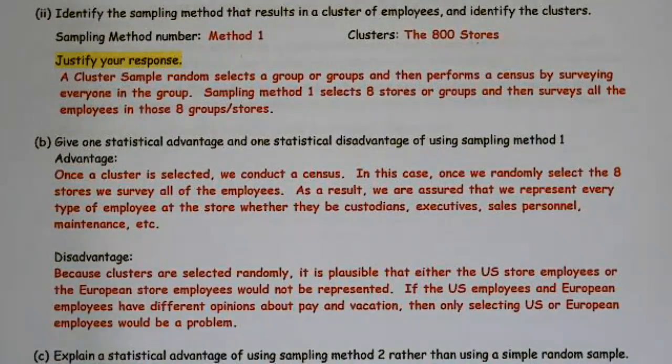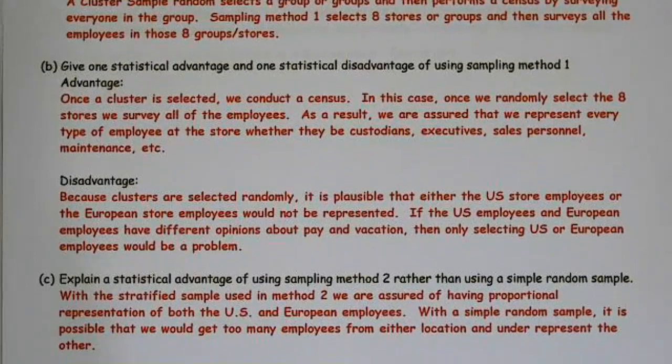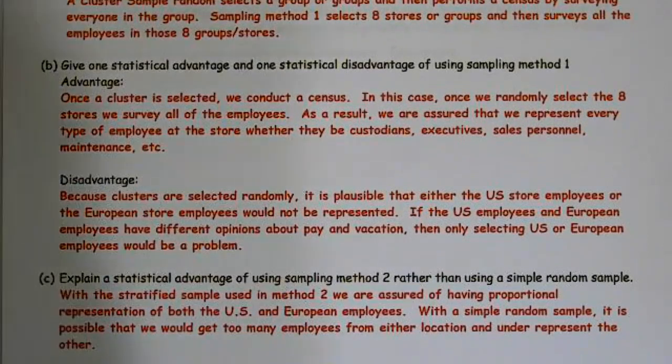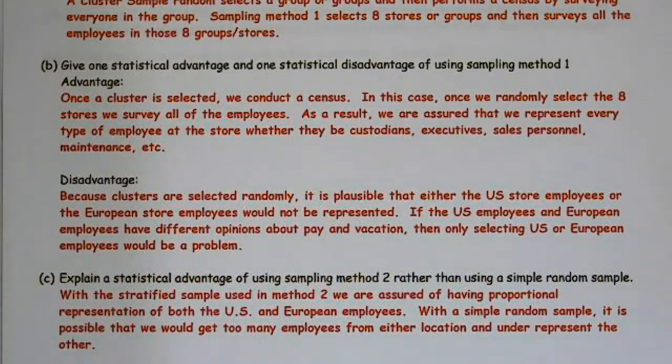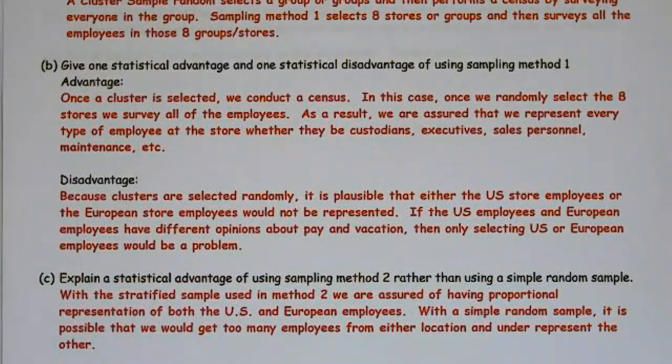Part C. Explain a statistical advantage of using sampling method 2. Well, sampling method 2 is the stratified rather than using a simple random sample. Please remember, in a simple random sample, we're going to put all the employees' names in the hat and draw.